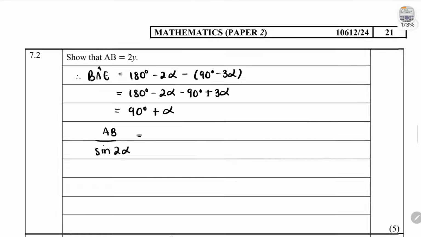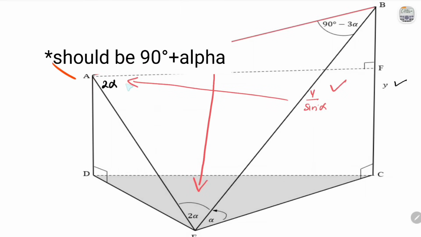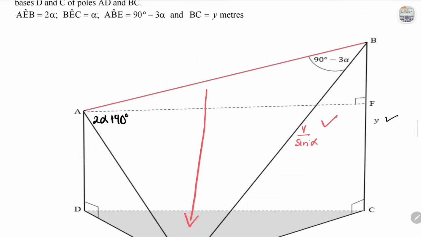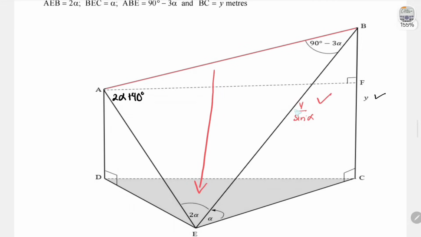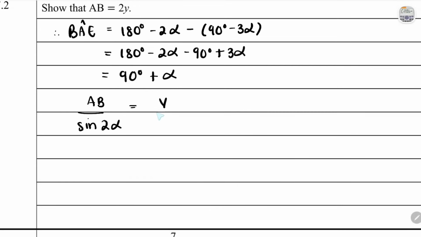And this is equal to another complete pair: the side BE, which is y over sine alpha, divided by sine of this angle, 90 degrees plus alpha.